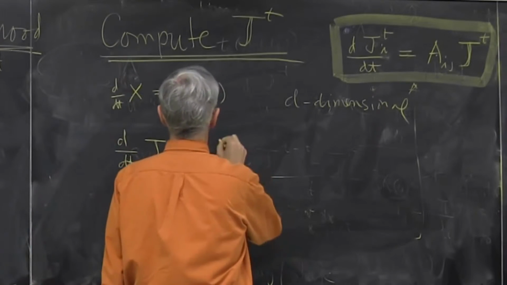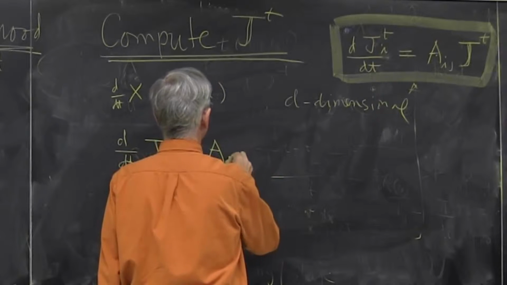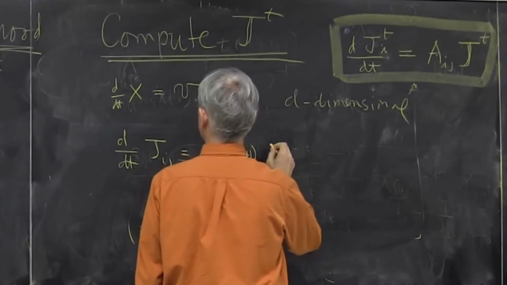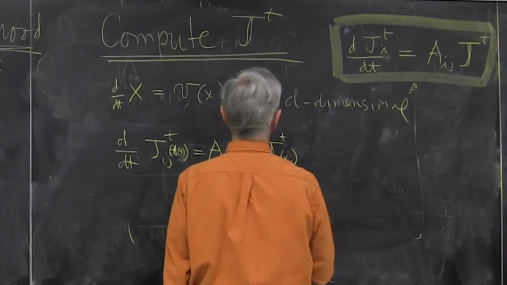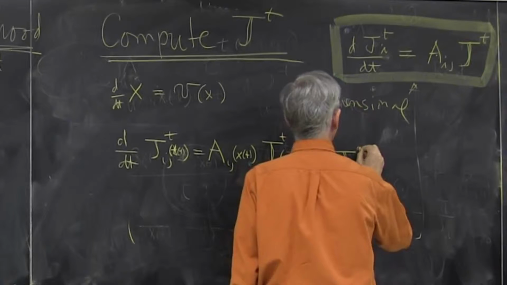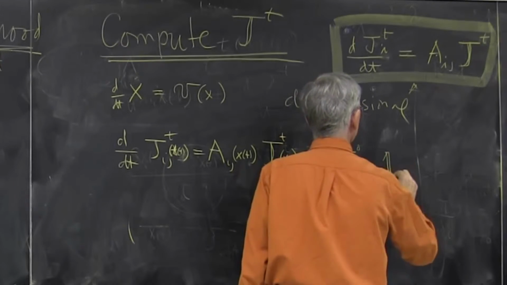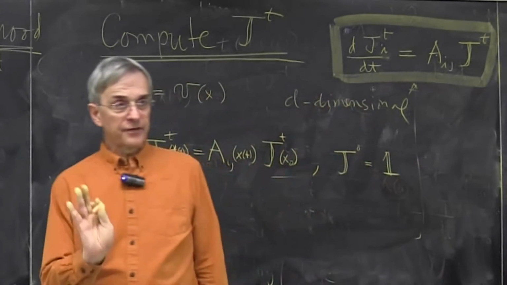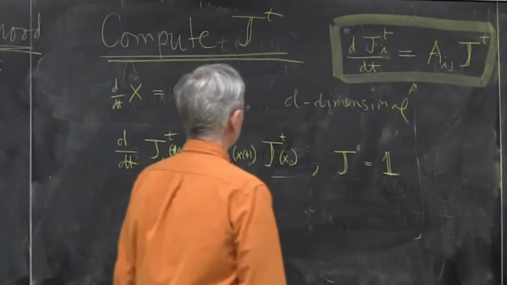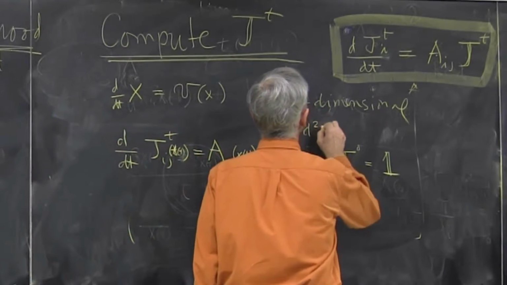You have the equation for J_ij, which you multiply by this matrix evaluated at this place on the trajectory, having started at x0. And the initial condition is, at the initial instant, there is no distortion, so there is just 1. When I started the system at initial time, nothing happens. So that's d square equations.